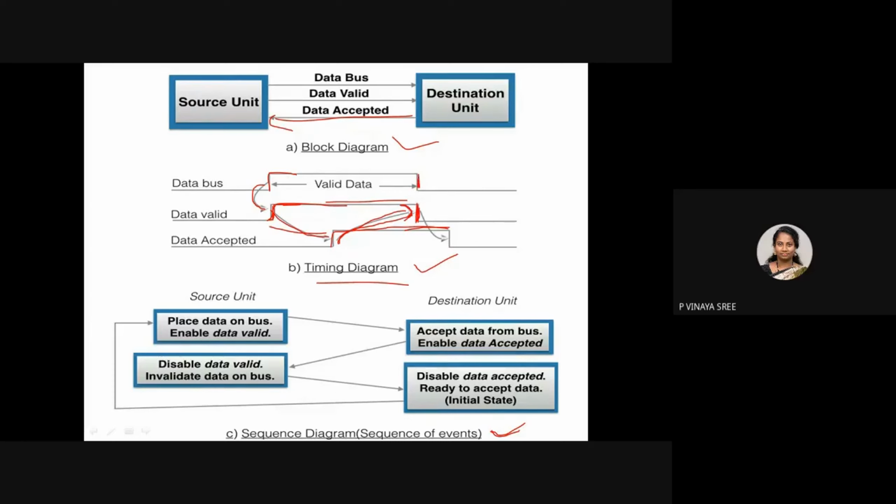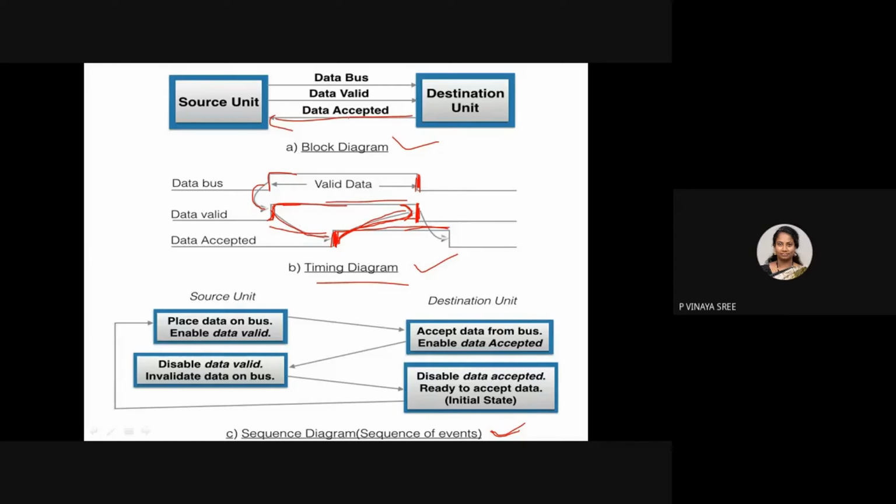So upon receiving the data accepted signal from the destination unit, the source unit has to disable the data valid signal. At the same time, it has to disable the data from the data bus. This is about source initiated data transfer using a handshake.